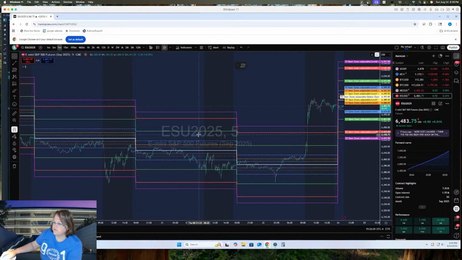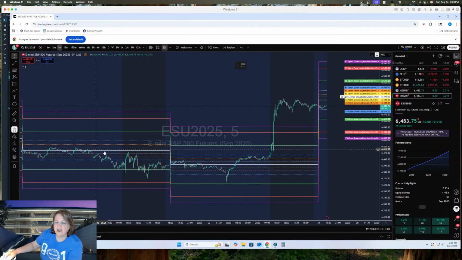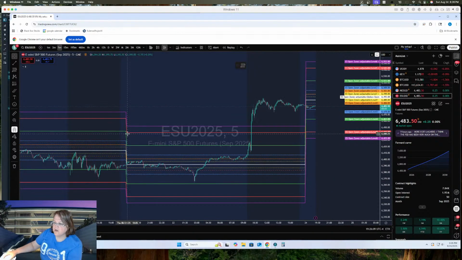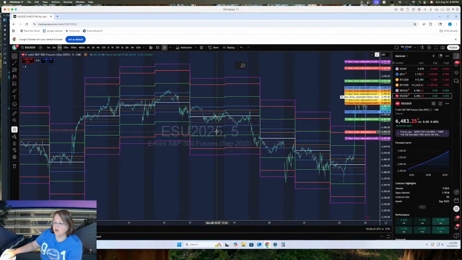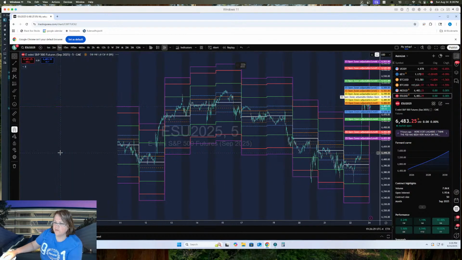This was Thursday's price action, so you can again see how accurate this indicator was throughout the entire session on Thursday. This is Wednesday's price action, so again you can see each of these levels price hit and bounced off of. Each day you can go back several days and see how accurate the indicator has been throughout all these days as well.